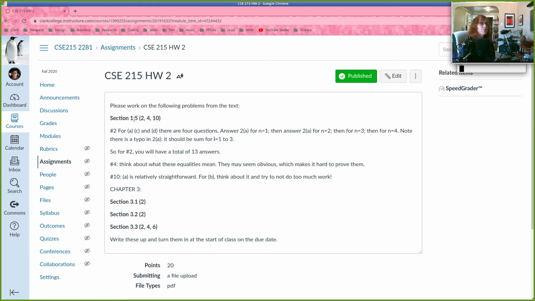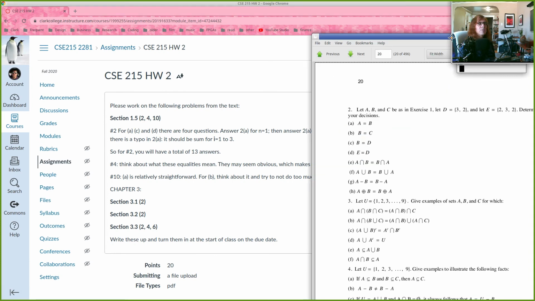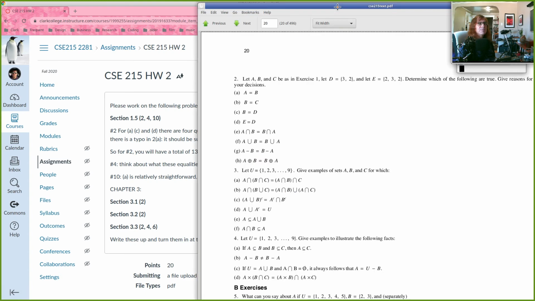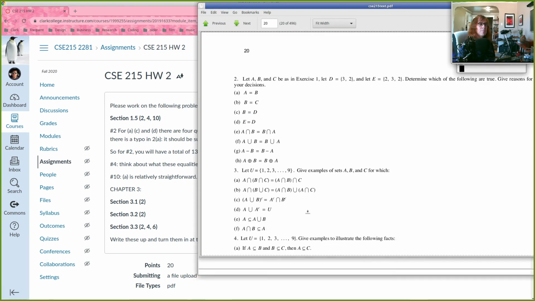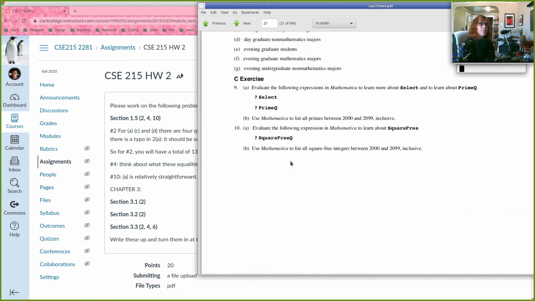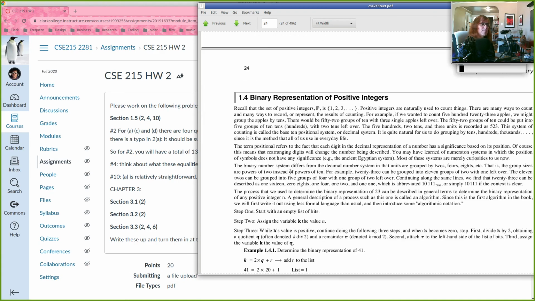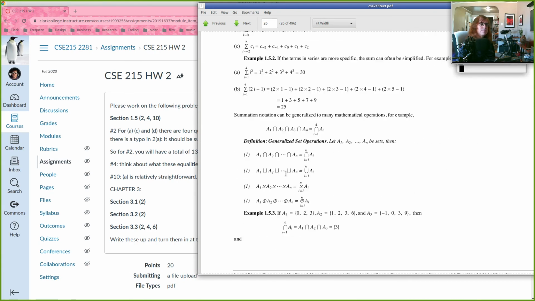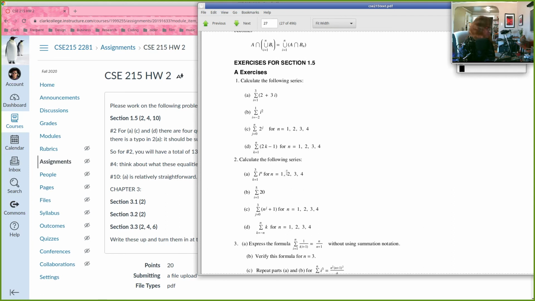But section 1.5, I want to talk a little bit about what that homework looks like. So we're going to talk about summations and sequences today also.